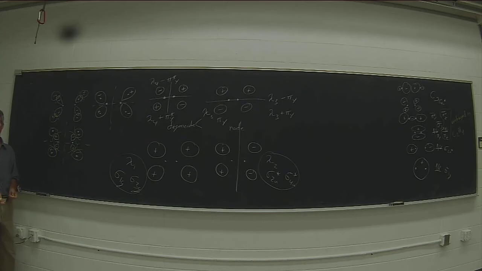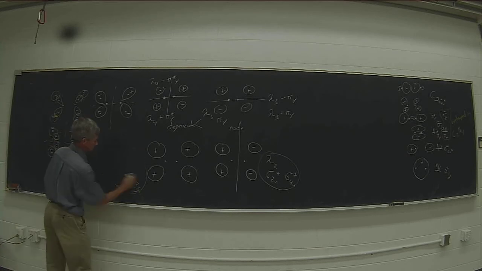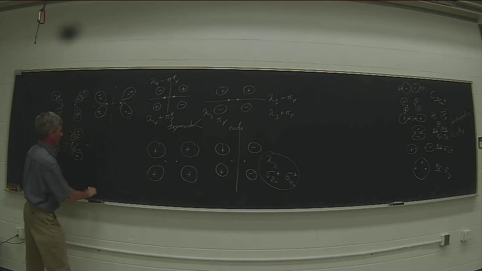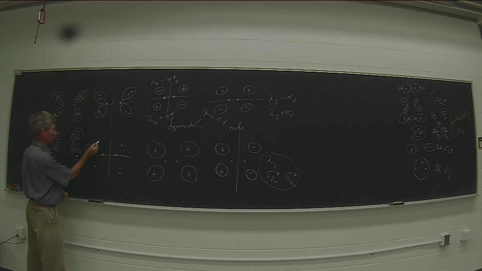We still have the two nodes that came with the pi y orbital. So what that would look like is going to have a lot of nodes, a lot of different lobes.